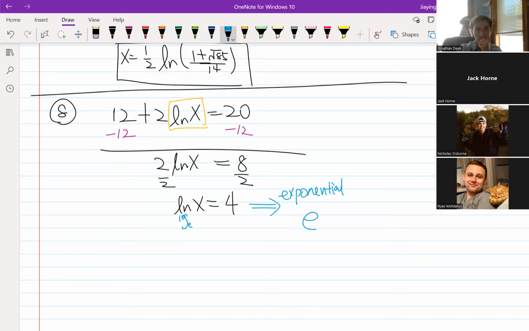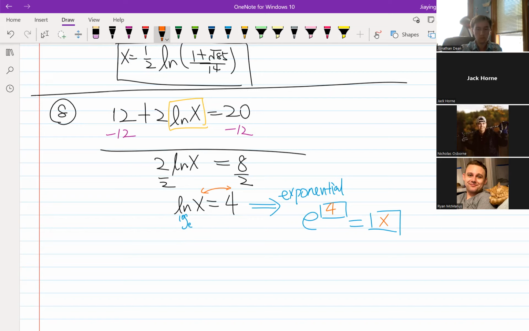So I have base e raised to some number equals something. So we switch the places of x and the 4. So we get e to the 4th power equals x. There you go. We have x equals e to the 4th power. That's the first method.